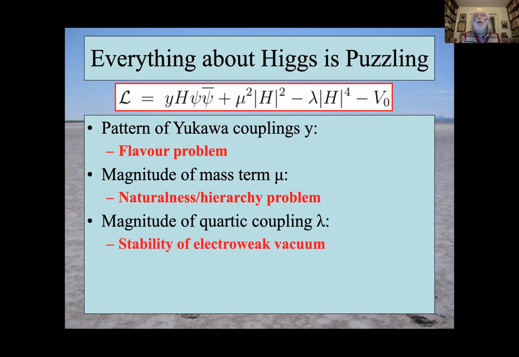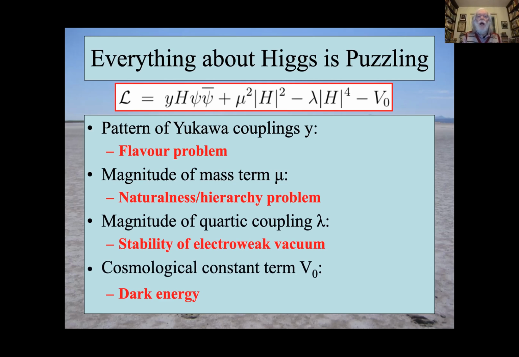Then we come to the issue of the magnitude of the quartic coupling lambda. And this is again related to the stability of the electroweak vacuum. And finally, we have the term V0, which can be identified as a cosmological constant related to the cosmological dark energy.